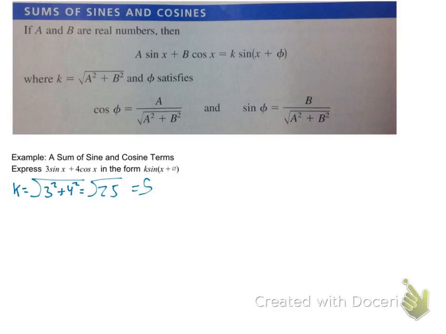So now you know your k value, and at that point you're like, hey, that's a vertical stretch of 5. And then we can go to cosine of that symbol, which we'll have to look up, of 3/5. Wait, how did I know that was 5 right away? It's the k value.